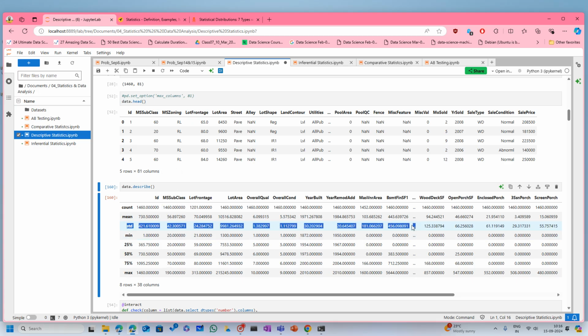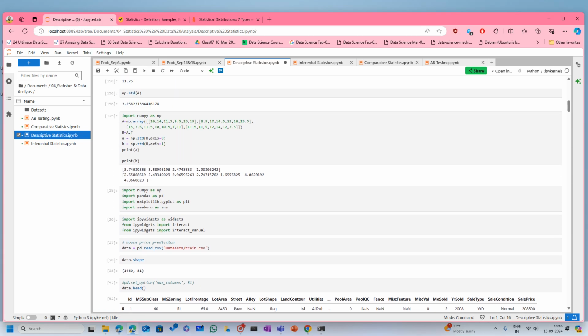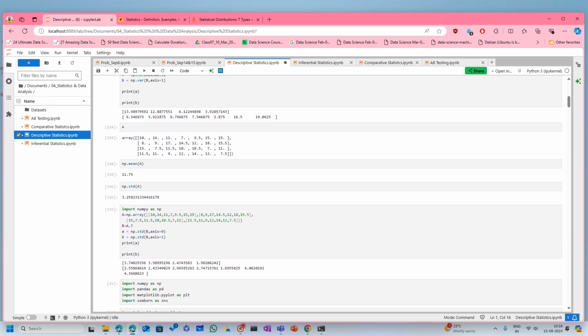So this was an interview question. The interviewer randomly picked a value, and for that the candidate had to explain what this value means. Standard deviation, what do you understand from these values? And the interviewee was unable to answer.